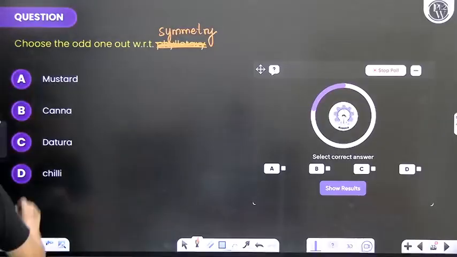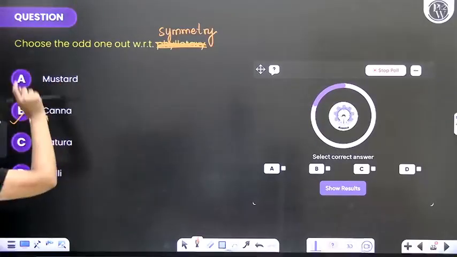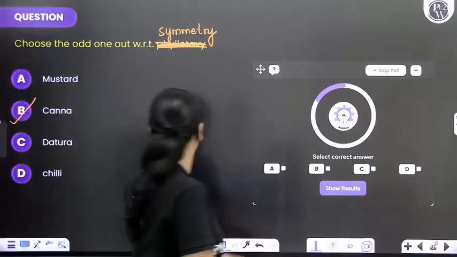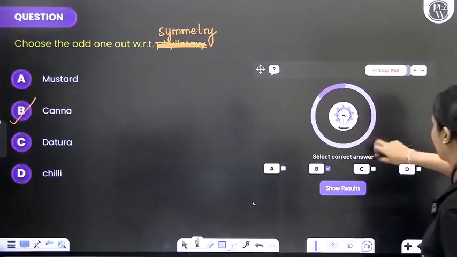Canna is the correct answer. It's asymmetrical. Mustard, datura, chili are actinomorphic. So option B is the correct answer.